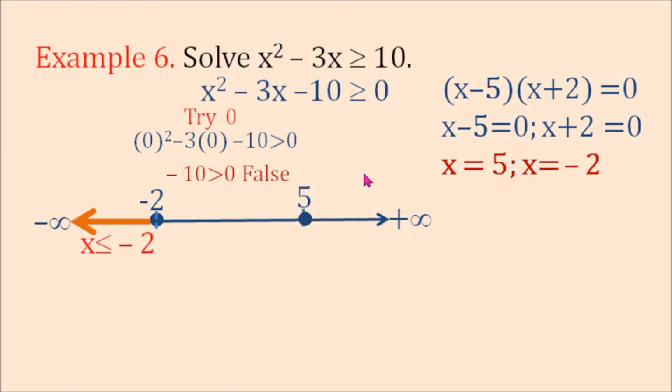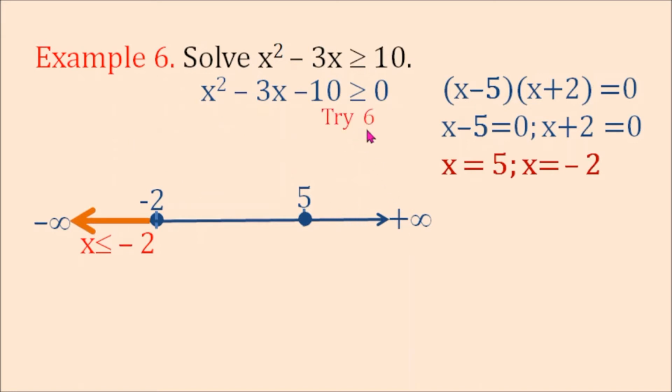Now let's try the third interval from greater than 5 to positive infinity. We can choose any number that is greater than 5. For example, let's try 6. We are going to substitute all our x's here with 6. So that's 6 squared minus 3 times 6 minus 10 is greater than 0.